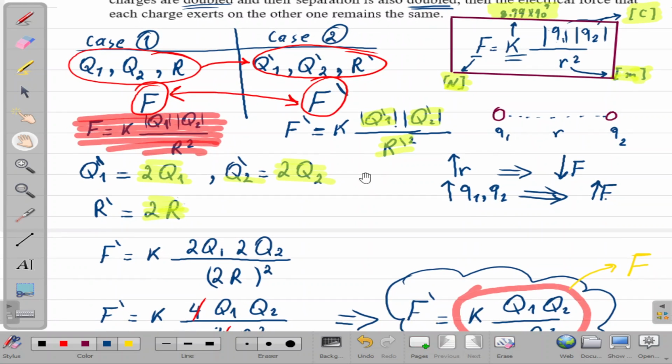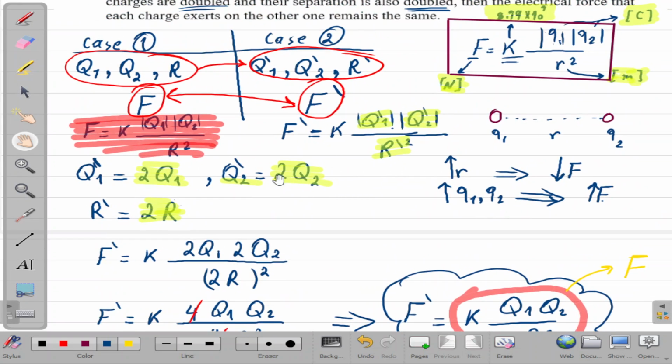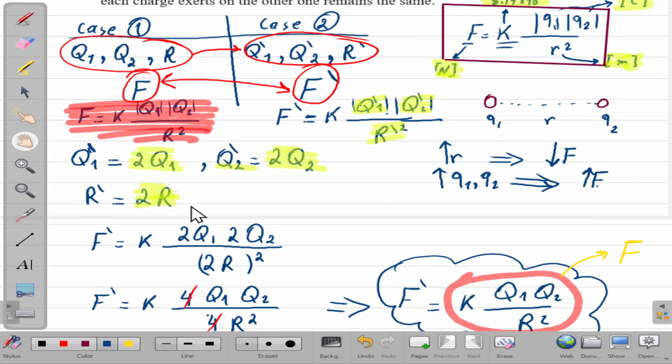In summary, what we did here is we found a relationship between the quantities Q1 and Q2, R and R, and we tried to look for a relationship between the forces. Since we have a relationship between the quantities, electric charges and separation, we try to look at a relationship between the forces.